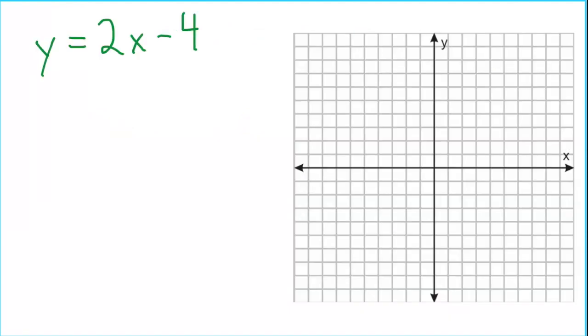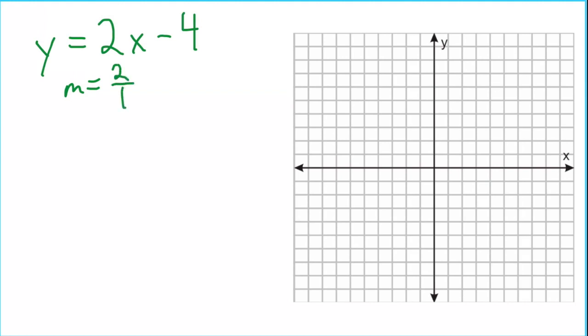So let's graph y equals 2x minus 4. We have our m value of 2, but with our slope, we want to think up or down, then to the right. So it's helpful to think of the slope not as 2, but 2 over 1.